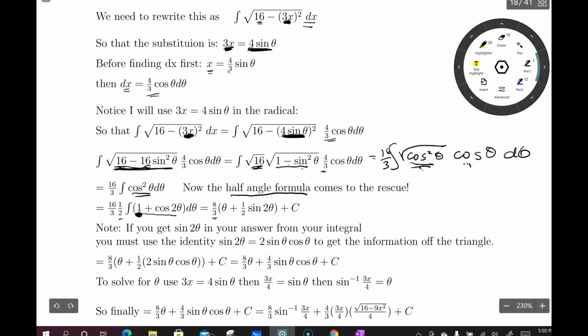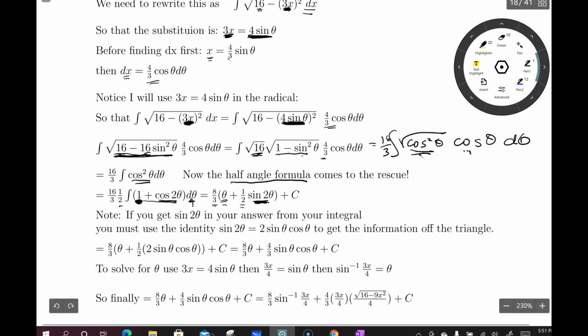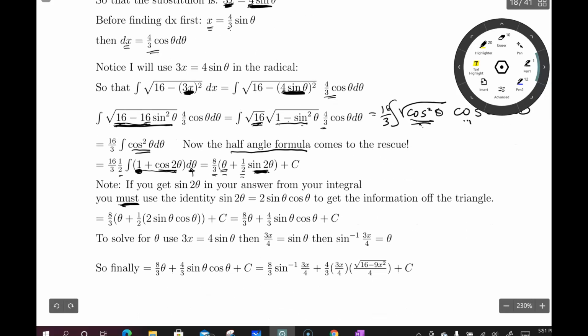Then I take the antiderivative, so carry the 8/3 along. Integral of 1 with respect to theta is theta. Then cosine of 2 theta, taking the antiderivative, I get 1/2 sine of 2 theta. Whew. Okay. When you get to here, you must use this identity because I need to get information off the triangle to get it back to x's, and I can't get information off the triangle with sine of 2 theta.